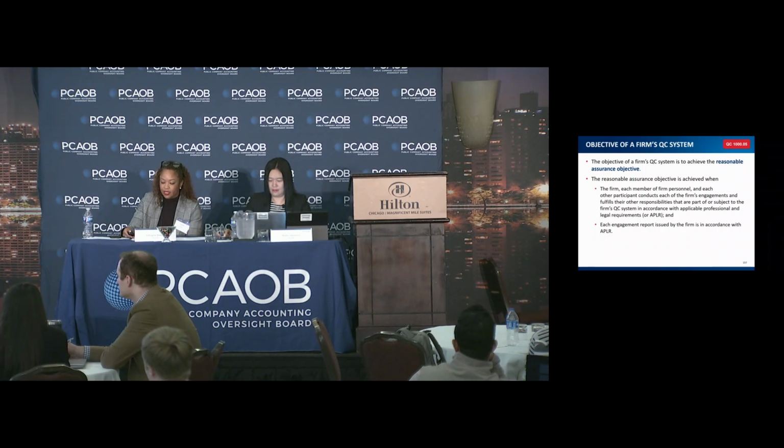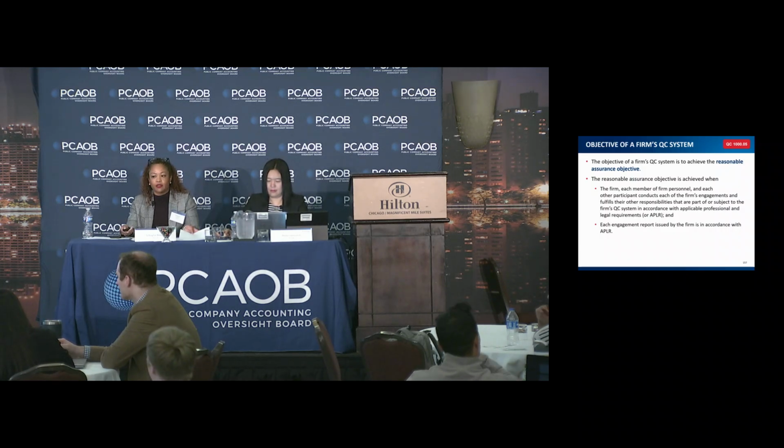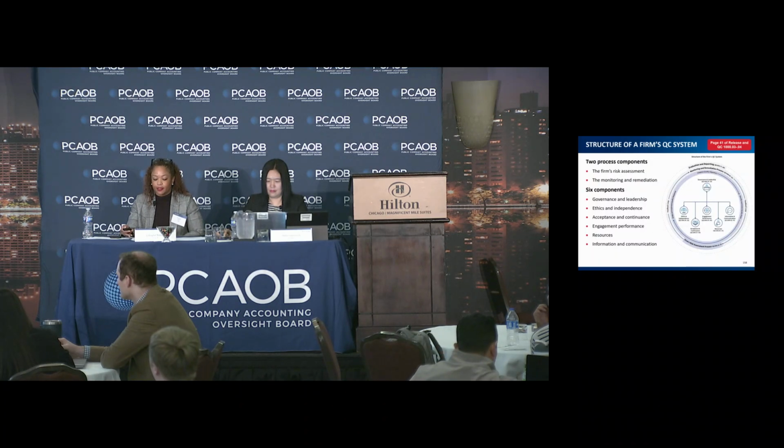Instead, a firm will need to understand how other participants fit into the firm's performance of engagements or its QC system in order to identify specific quality risks and then develop quality responses to address those quality risks. On our QC implementation page of the PCAOB website, which I'll show you in just a few moments, you can find the adopting release as well as guidance documents and staff presentations that go into detail about this topic.